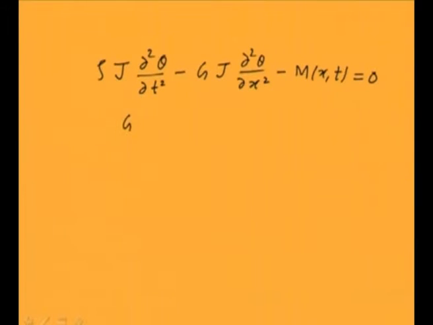Apart from this, boundary conditions are there, that is, at the ends of the shaft. In this you can see this particular quantity is nothing but torque, and this is the angular displacement.